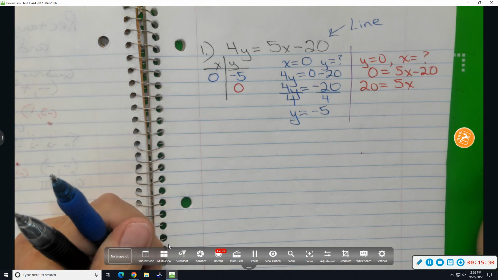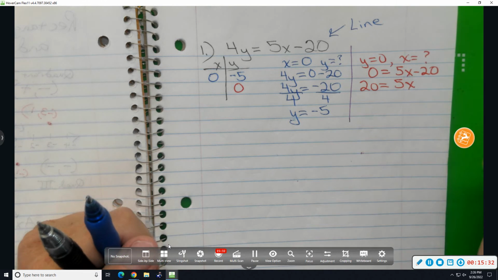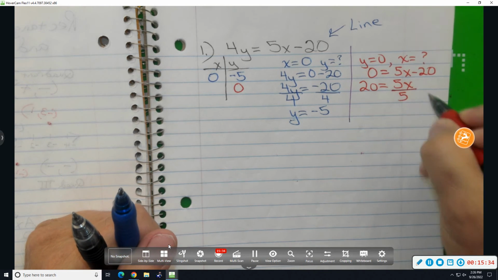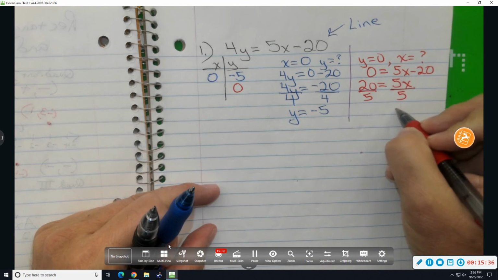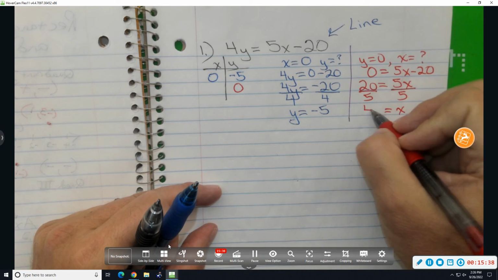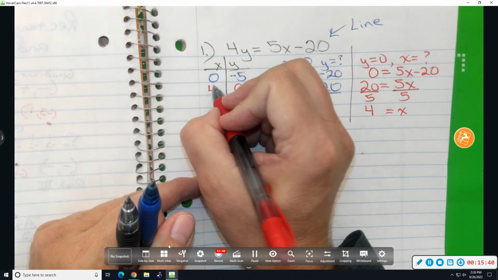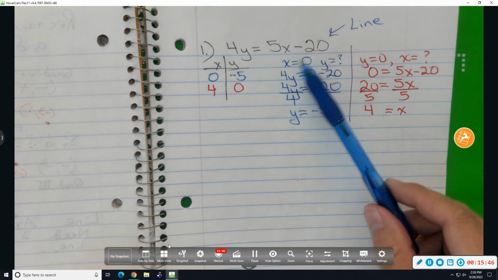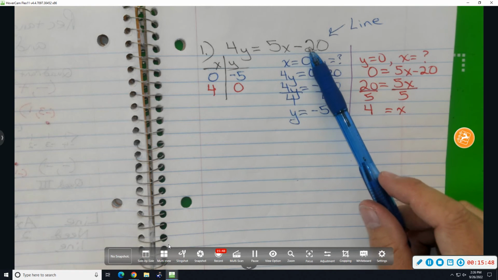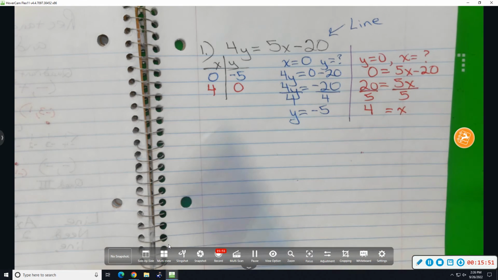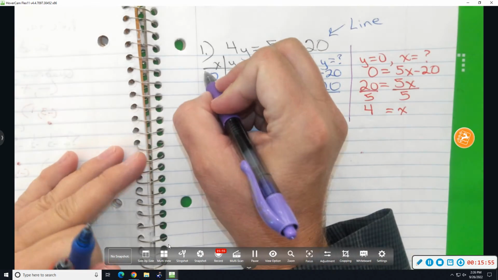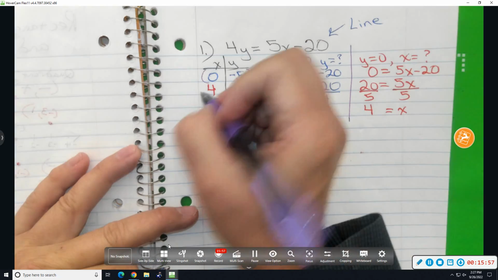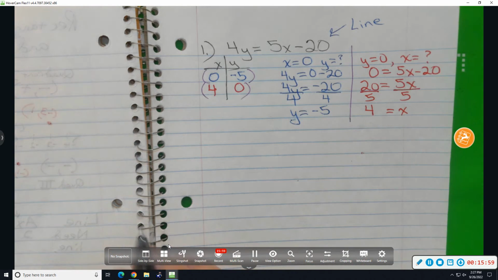And then to solve for x, we divide by 5, I agree, to give us x equals 4. So we have a second ordered pair. Realize we've generated ordered pairs. That's what this equation does. You give me a number to plug in, and I can generate the respective ordered pair. But we have two ordered pairs, 0, negative 5, and 4, 0.